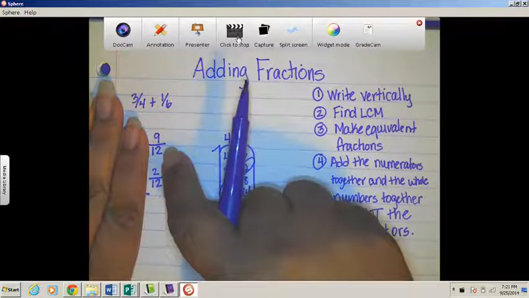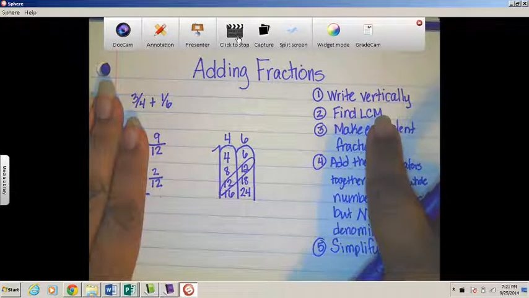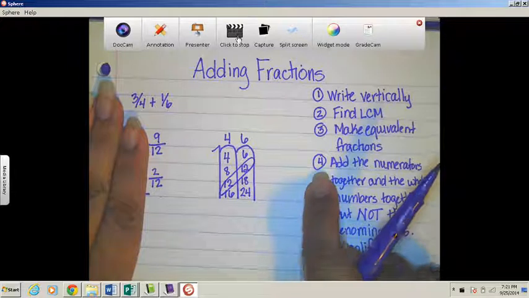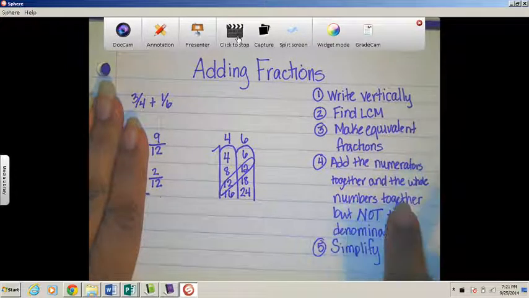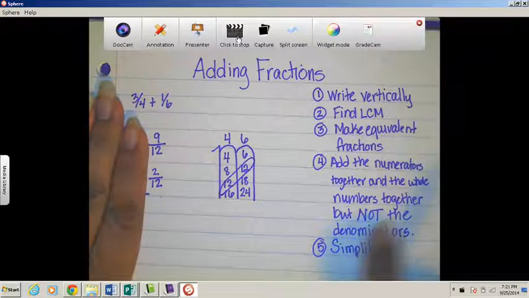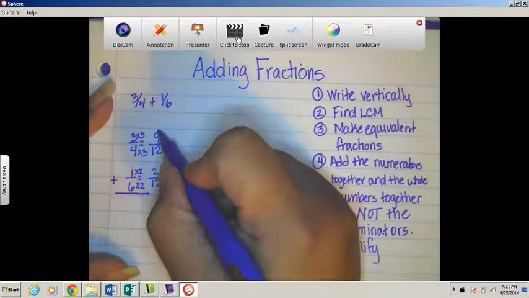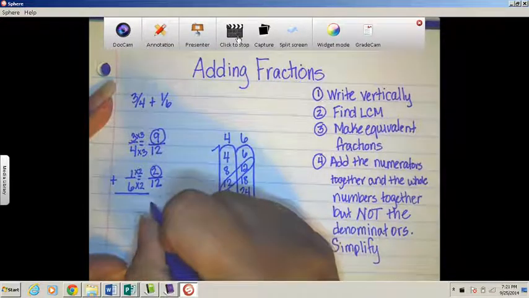My denominators are the same. So I wrote vertically, I found my LCM, I made equivalent fractions, and now I add the numerators together and the whole numbers together, but not the denominators. Numerator, I add 9 plus 2, I get 11.